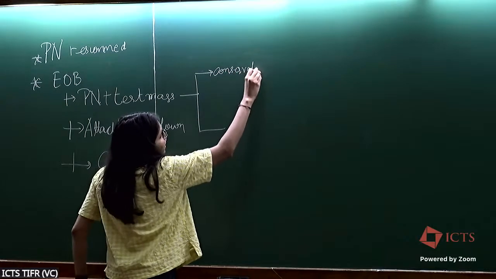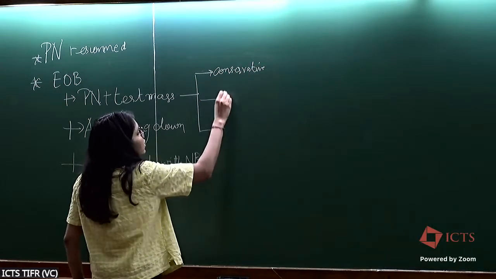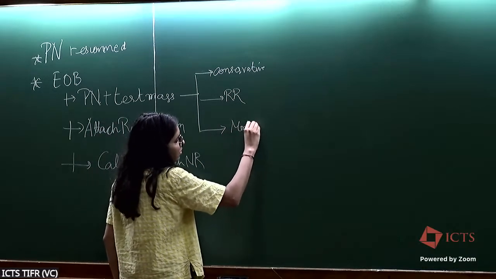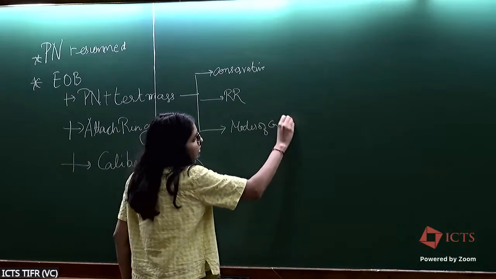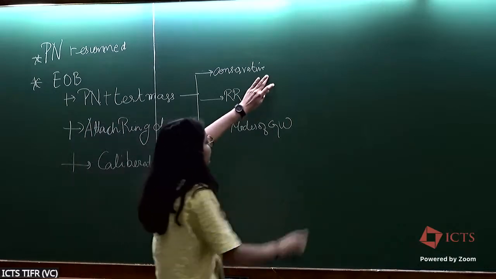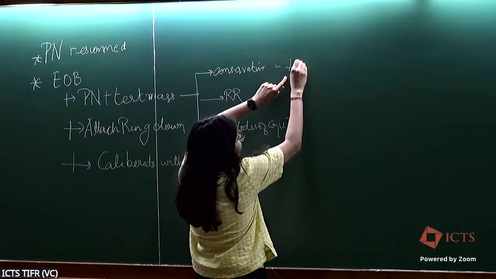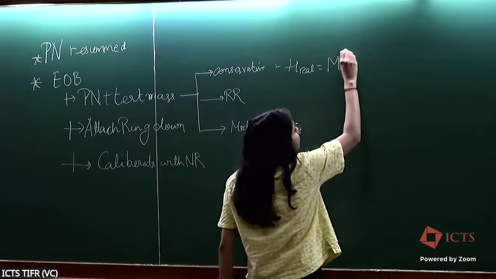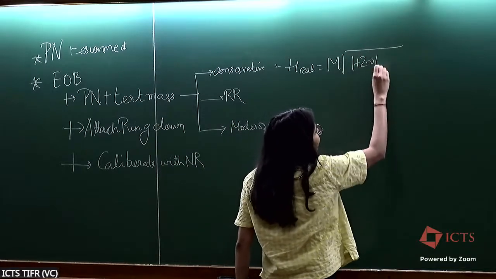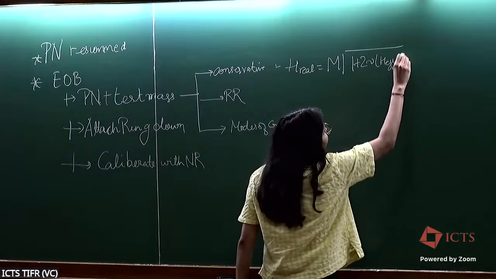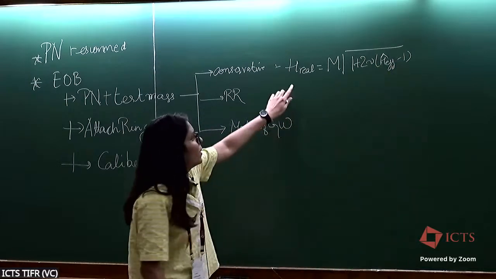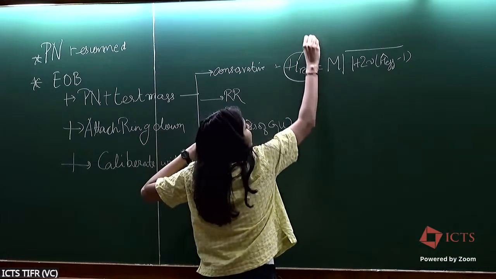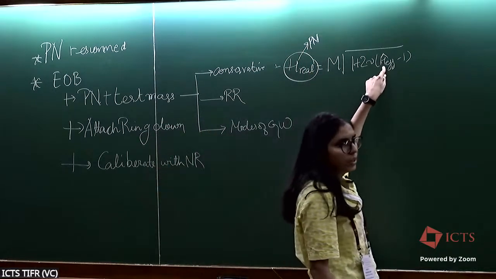The conservative piece, radiation reaction, and gravitational wave modes. In the conservative piece, we obtained a map which related the real, which was the PN results, with the effective one-body Hamiltonian.